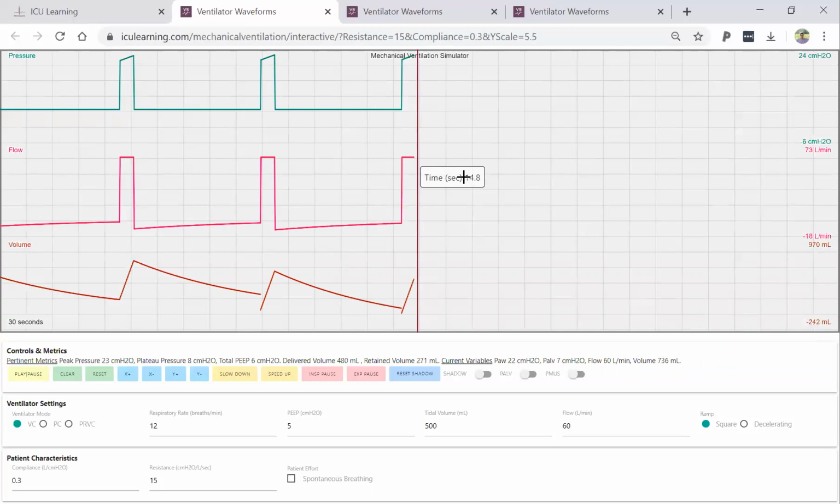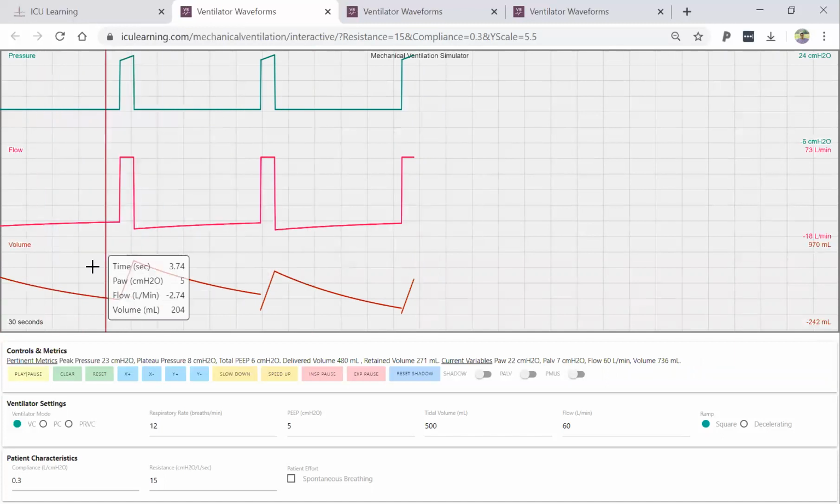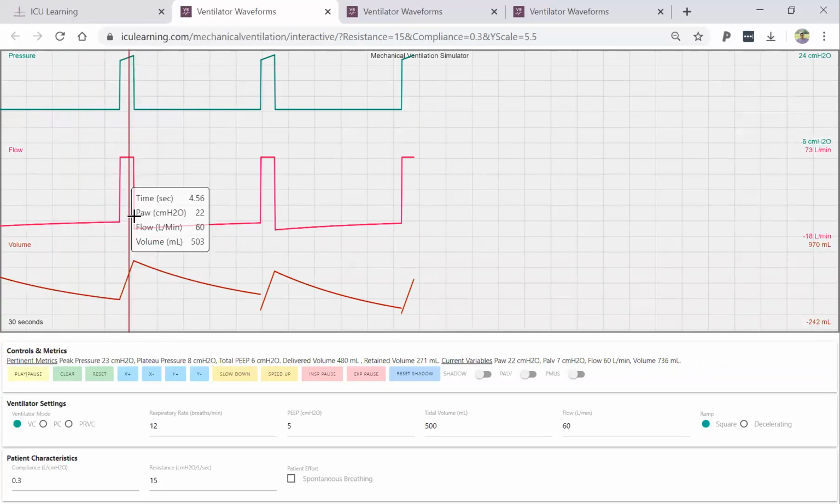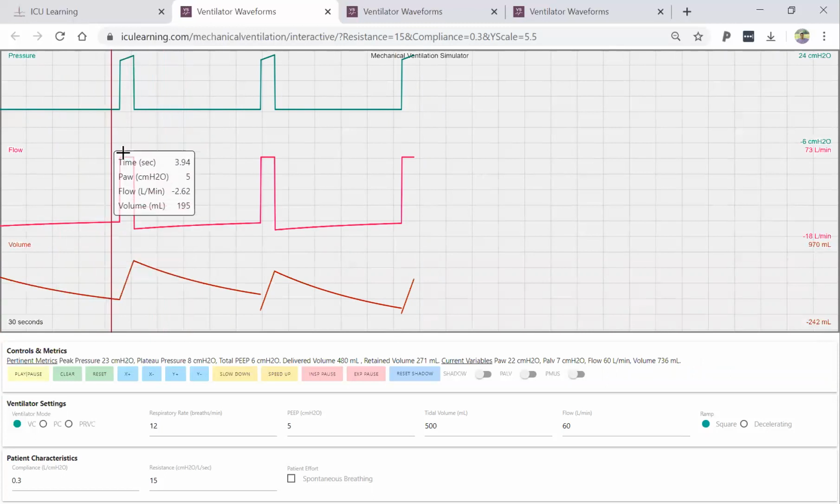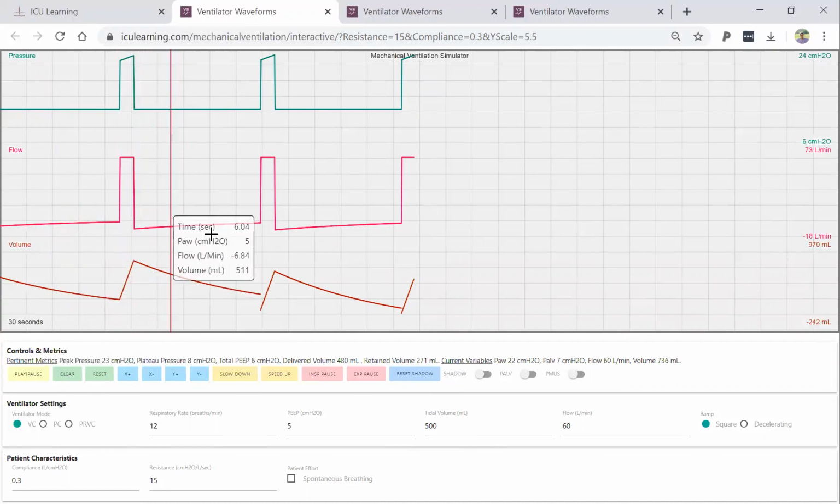So first, let's talk about the volumes under the curve. Again, when you look at the flow waveform, there's two phases. There's the inspiratory phase, and then there's the expiratory phase. And note that the area under the curve in the inspiratory phase is the tidal volume, so that's 500 milliliters since we have the ventilator in volume control. However, please pay attention to the expiratory limb.